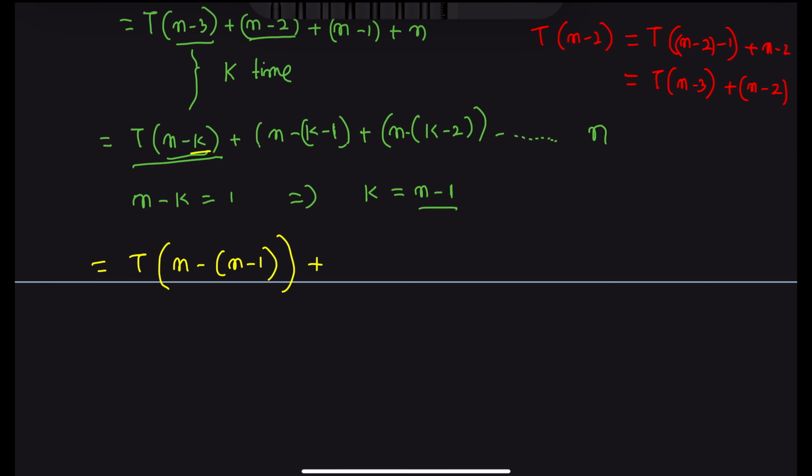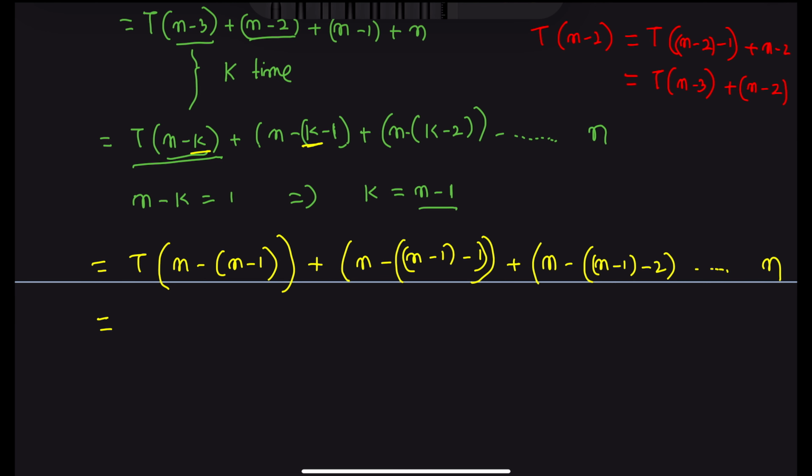So here it will be n-(n-1)+1. I substituted n-1 as k here also. For the next also let's do the same, n-(n-1)+2. This will go until n.